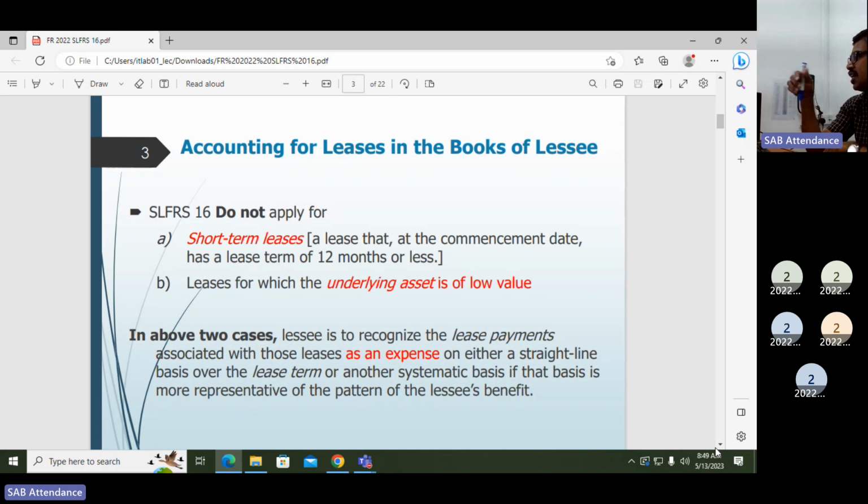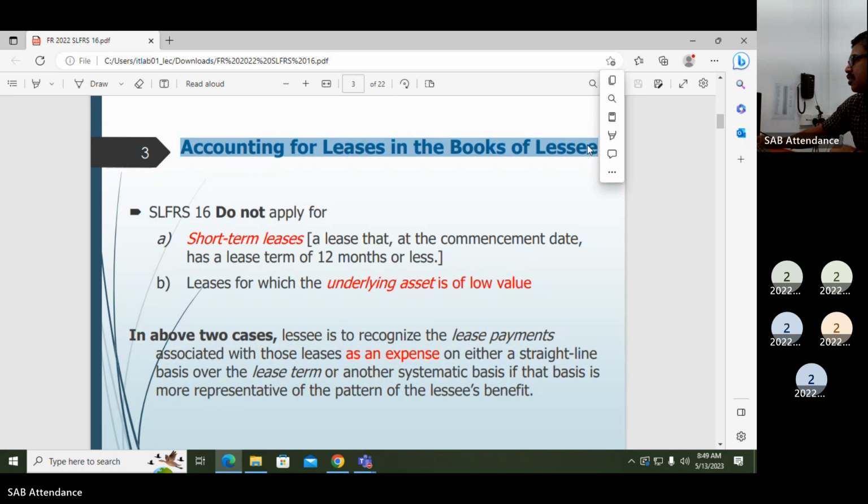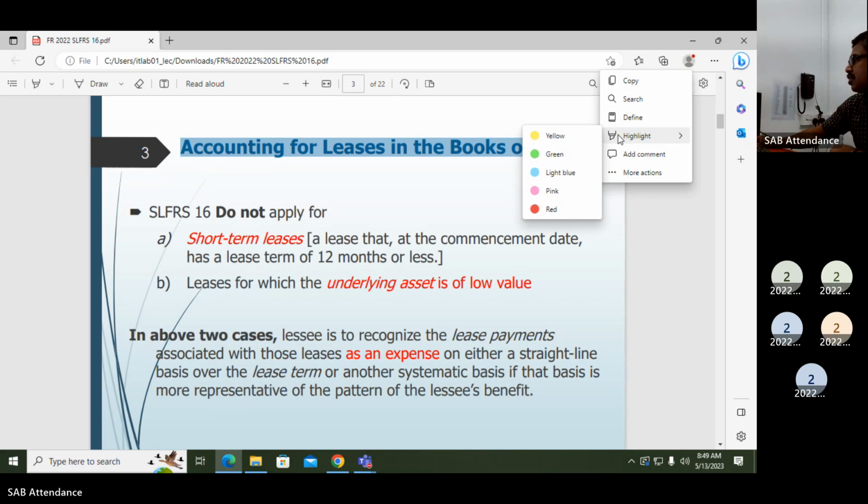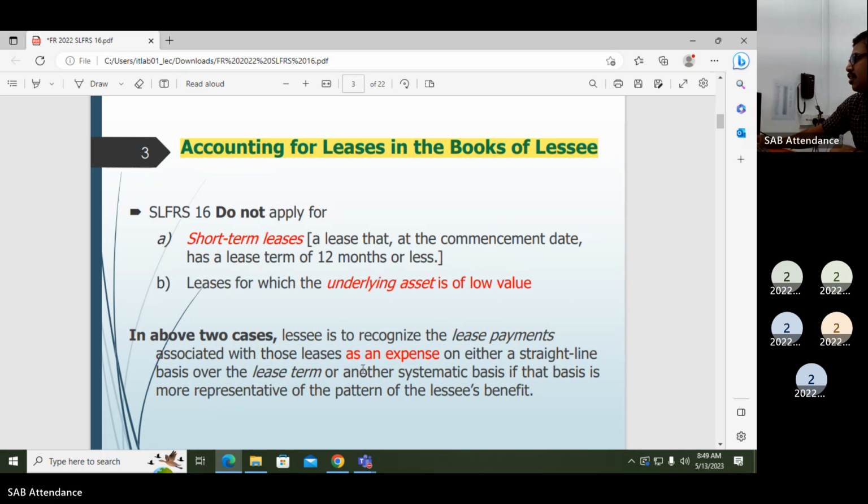now first we refer to the books of the lessee, right? From the point of view of the party who obtained the right of use of the asset under the lease agreement, you can treat the lease payment as an expense.